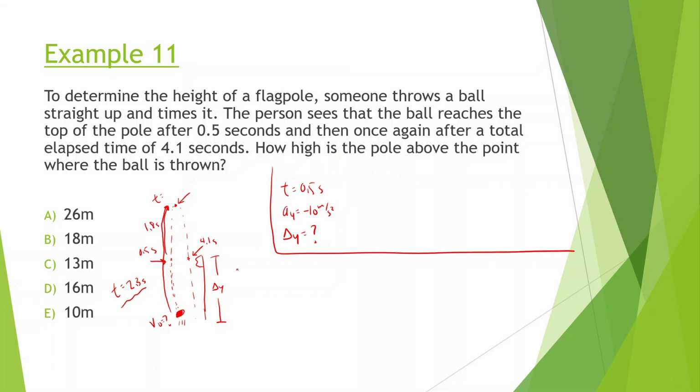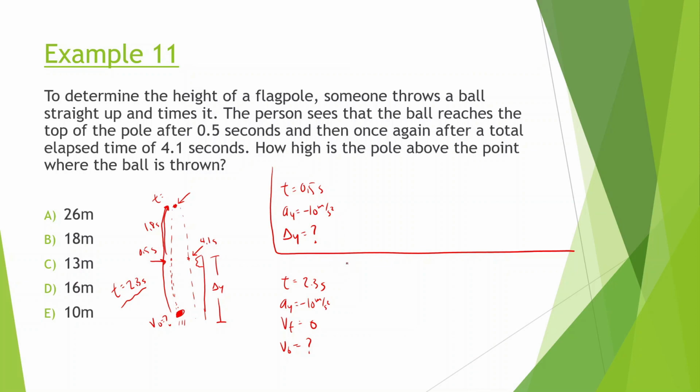And then let's see. So now let me just look at that piece of information. So the total time is 2.3 seconds. Gravity is going to be acting on it, negative 10 meters per second squared. We know also at the very top, the final velocity is 0. So now we have 3 pieces of information, and let's find this fourth one, the initial velocity.